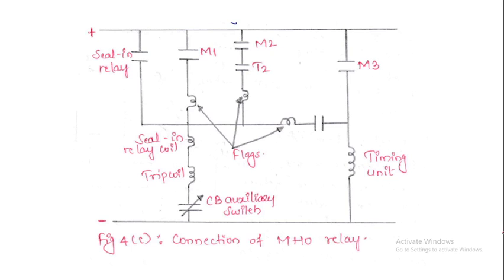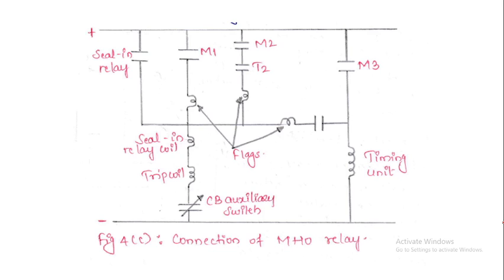Now what is the meaning of each term in this circuit diagram? Whenever a relay operates, as and when the M value is less than some constant value, the relay is going to operate. When that relay operates, its flag indicates its operation.